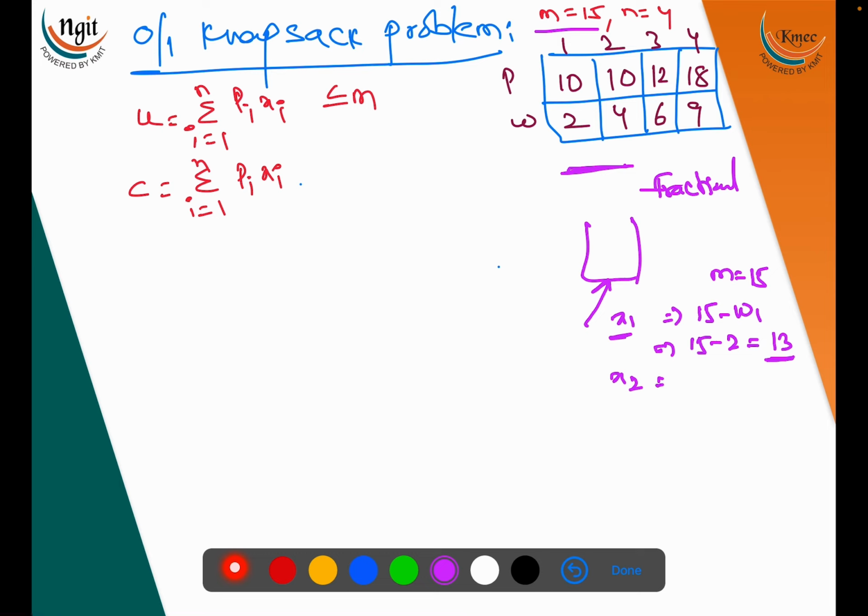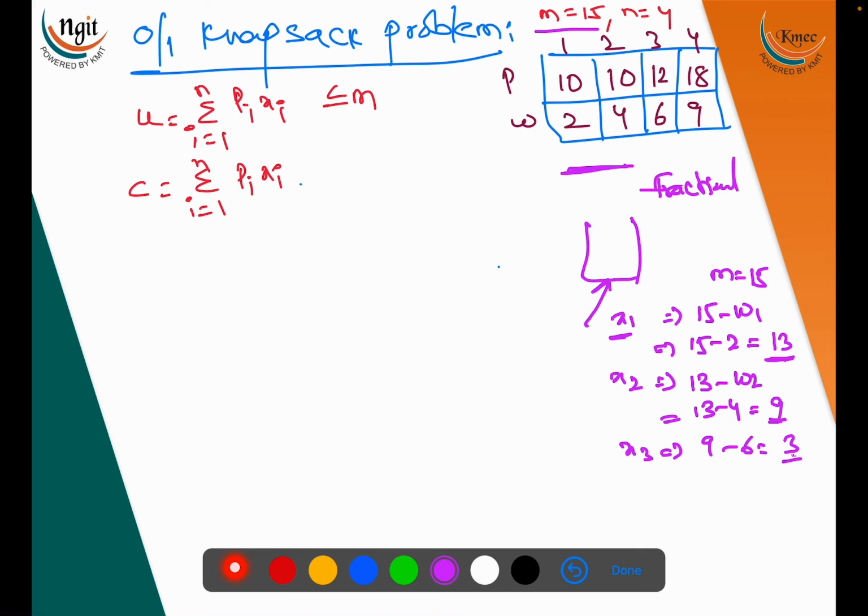Now I'm placing the x2 item. The remaining capacity is 13, and w2 is 4, so 13 minus 4 is 9. So still 9 kg I can use. Now I'm placing the x3 object. If I place x3, 9 minus 6 is 3.